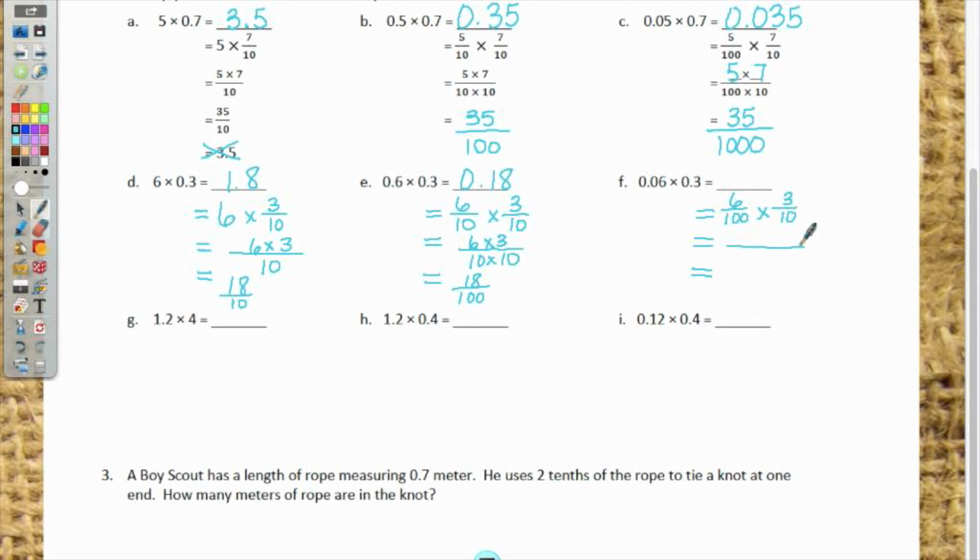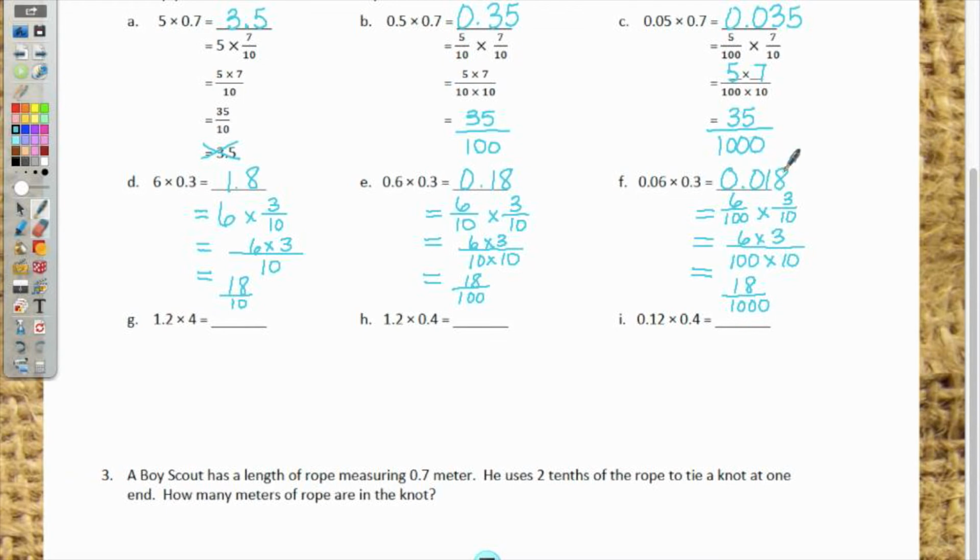What do I do now? Good. So what's my answer to this one, George A? 18 thousandths. Okay? So, for me, how do I write that in standard form? 18 thousandths.